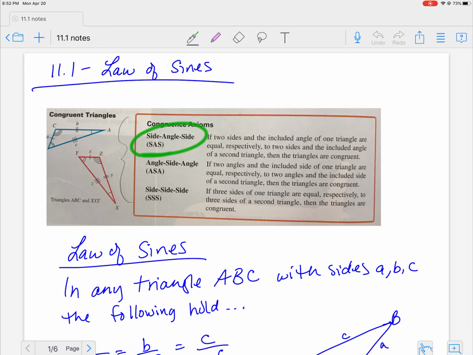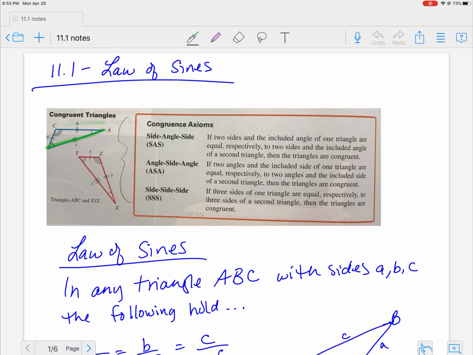We can have side angle side as a congruence axiom. If you have side angle side, then I know I have a side, an angle between, and another side. If you have that criteria, then you know everything else in the triangle is also congruent. Likewise, if you have angle, the in-between side, and another angle that is congruent, then everything else is also.